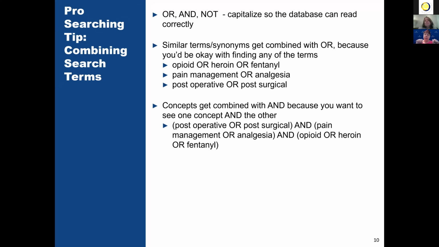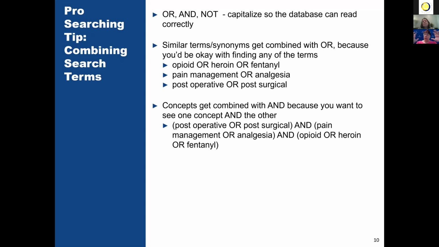So if we were looking for post-operative pain management in patients who abuse or have opioid dependency, we would say post-operative OR post-surgical AND pain management OR analgesia AND opioid OR heroin OR fentanyl.